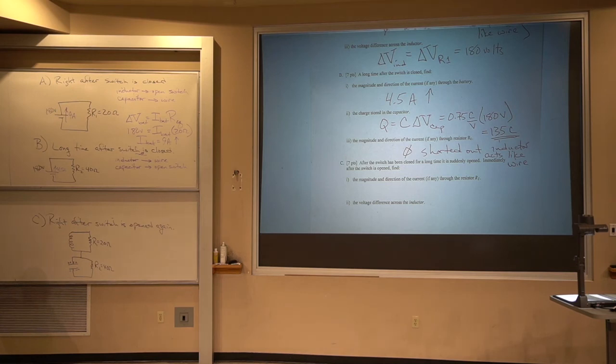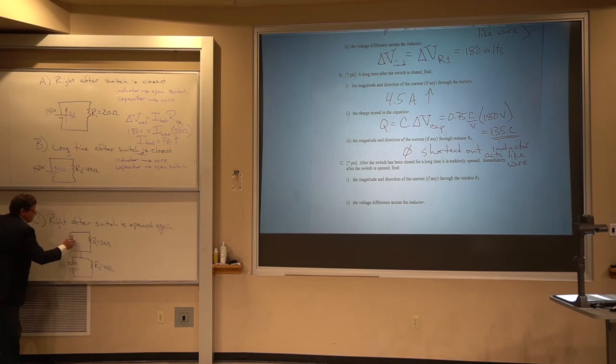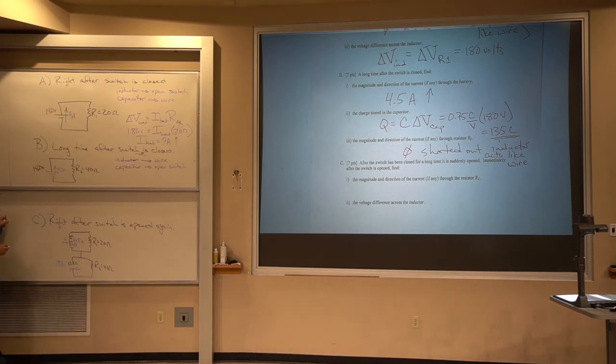So what do we know? We know that this capacitor can't drain instantly, so if it was 180 volts before I open the switch, it's still 180 volts. And I also know that I had 4.5 amps flowing down through that inductor, and that can't change. So that inductor is going to turn into a battery to drive that current around.